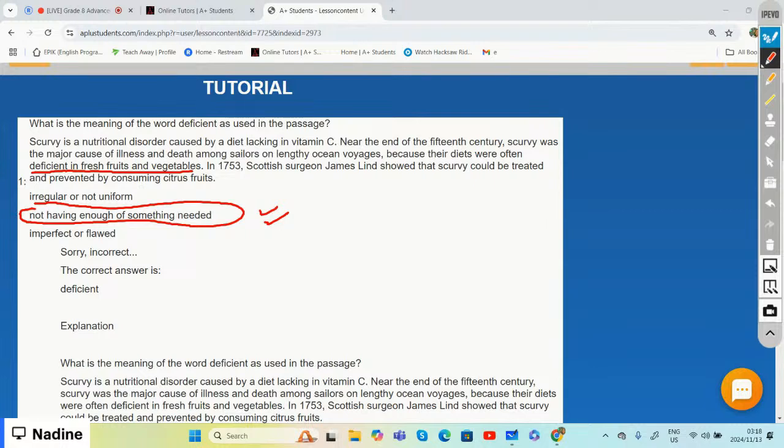So it's not having enough of something. And then specifically, like we say, fruits and vegetables, and they needed to consume more citrus fruits.